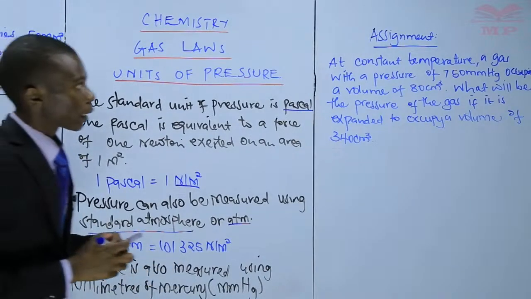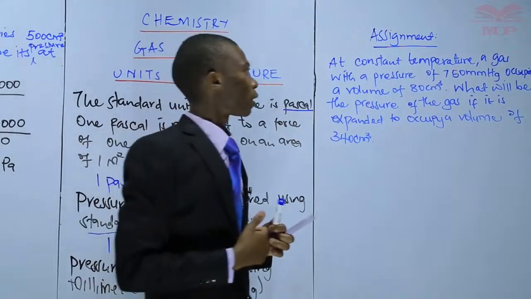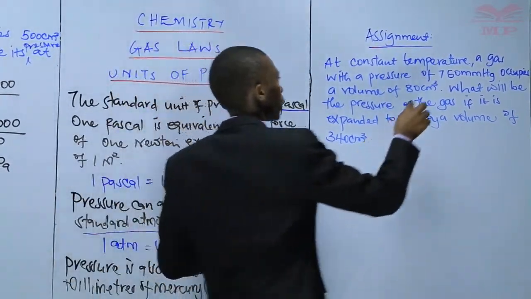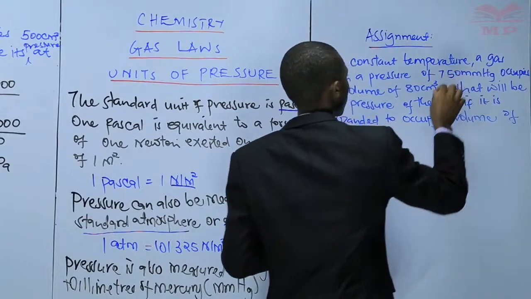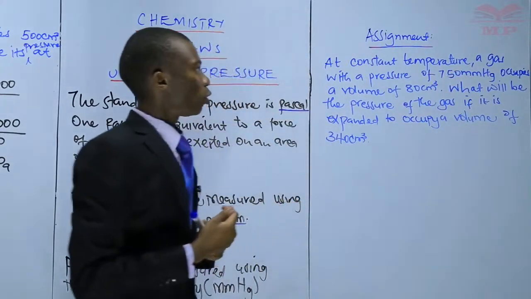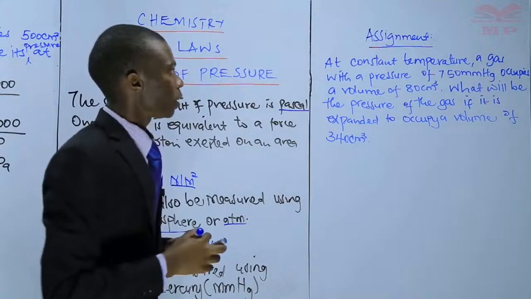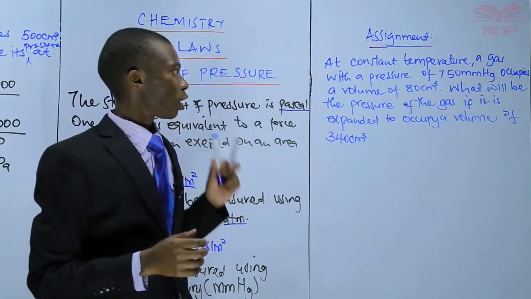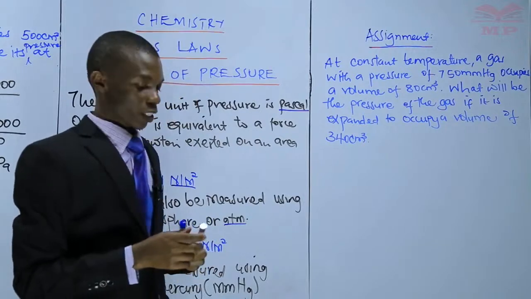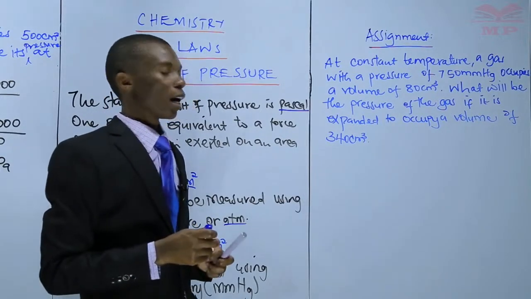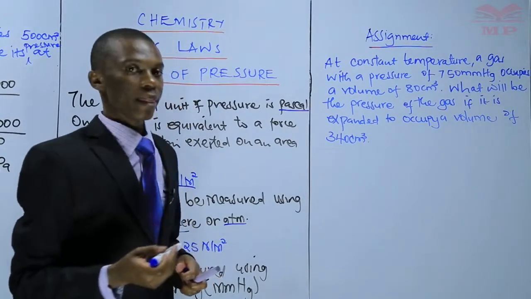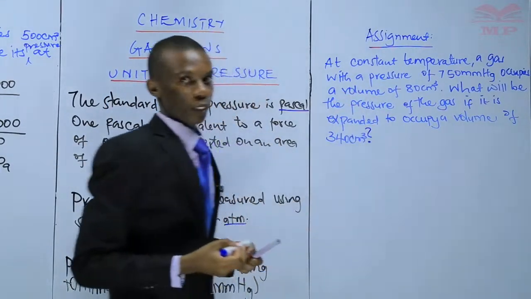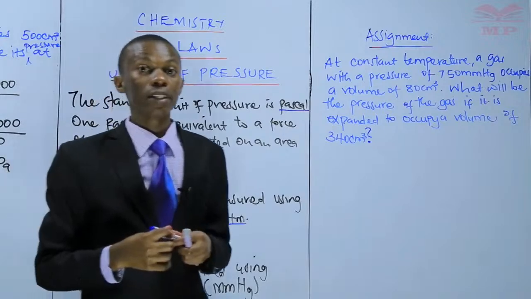The assignment is: at constant temperature, a gas with a pressure of 750 millimeters of mercury occupies a volume of 80 centimeters cubed. What will be the pressure of the gas if it is expanded to occupy a volume of 340 centimeters cubed? That is the assignment.